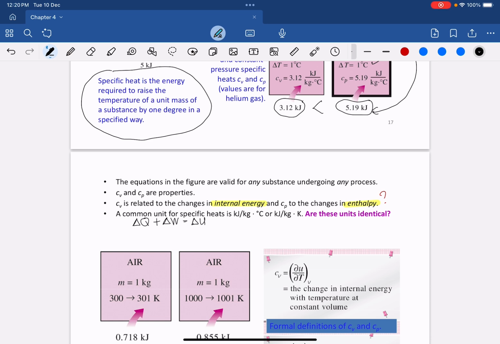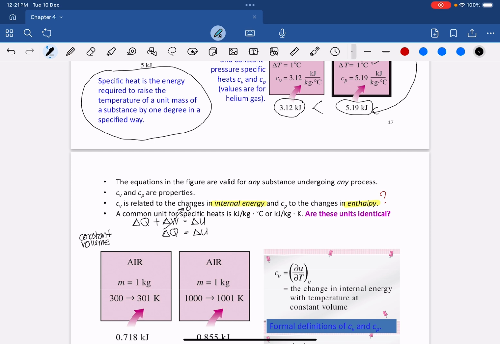So this is from the first law of thermodynamics, right? For constant volume process, there is no interaction of work, so boundary work is zero. Therefore, what is left with us is the relation between how much heat content will change the internal energy of the gas.